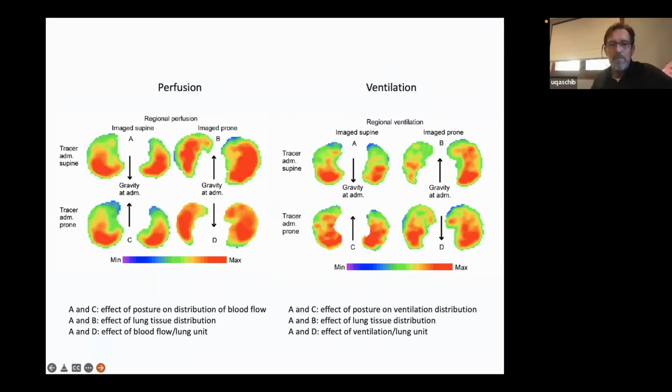And if we flip the patient now into prone position, you see how homogeneous the perfusion gets. And now remember that the perfusion gets very homogeneous once we are in prone position, even if we have delivered the tracer in supine.